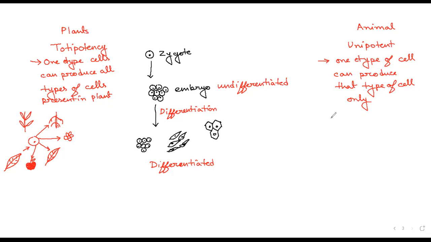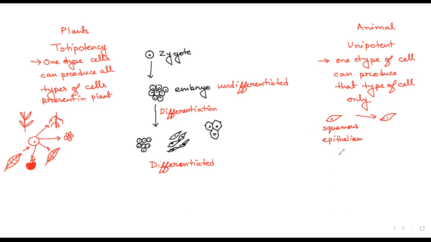For example, if I take squamous epithelium, it can produce cells of squamous epithelium only.